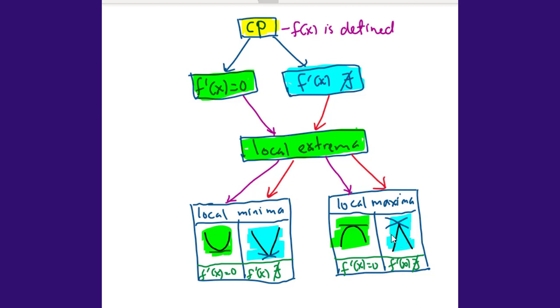This is a critical point. So for f prime of x equal to 0, it is a critical point and also a stationary point. Now look at the example.